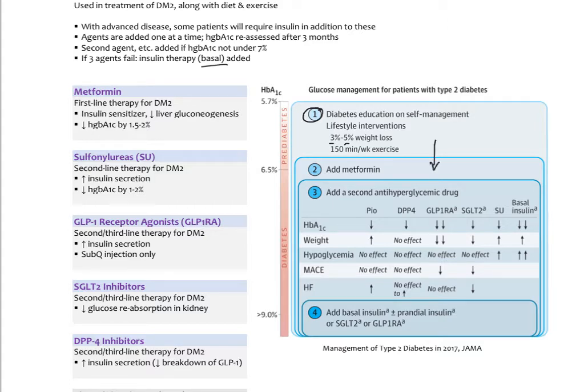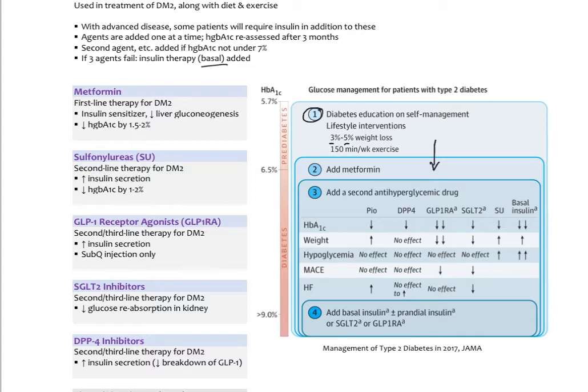And so that's going to be our first agent that's typically added, and I'll talk about how some patients cannot take Metformin, but this is usually our first add-on agent as a hypoglycemic agent. It is an insulin sensitizer, but mostly it works by decreasing the production of new glucose in the liver, so decreasing gluconeogenesis.